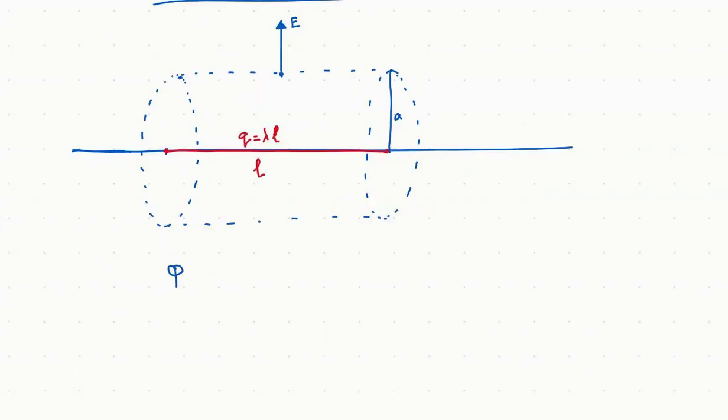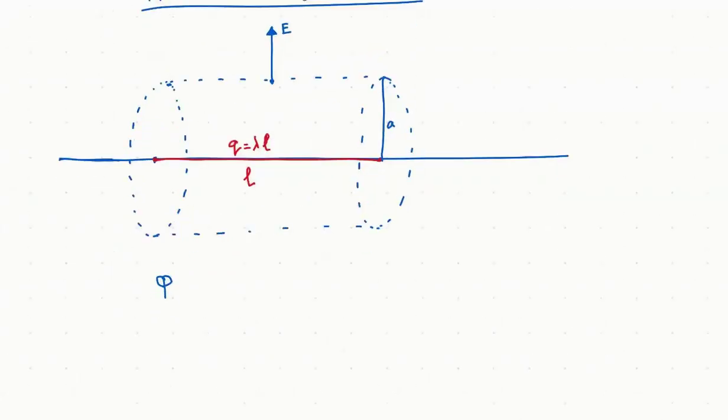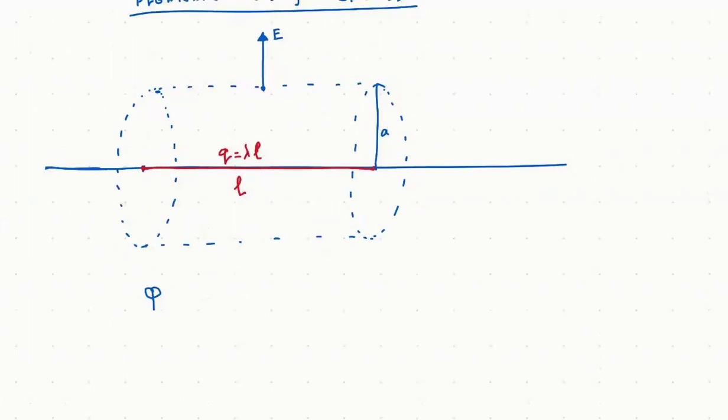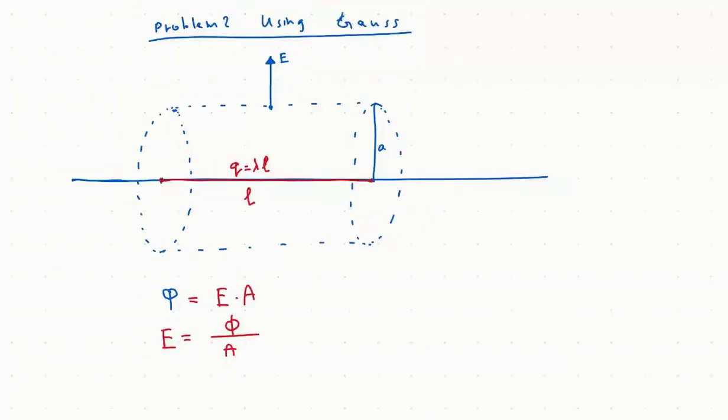Okay, and the flux is the E, electric field, multiplied by the area. And that means that electric field can be found as the flux divided by the area. And what is the area? Well, the area is the area of this cylinder.